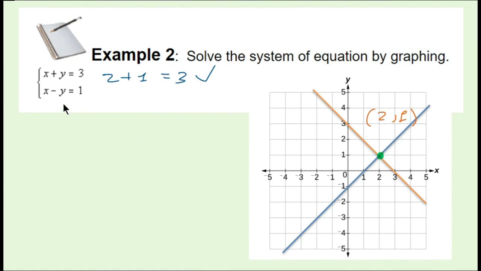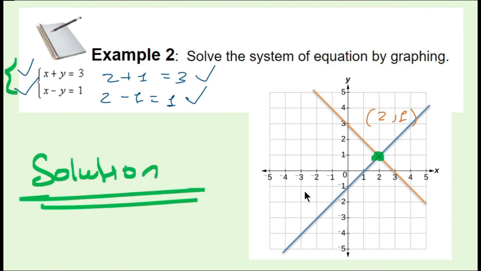That is true. And the other one, x is equal to 2, y is equal to 1. So 2 minus 1 is equal to 1. Well, both equations are satisfied. Both linear equations are satisfied. That means the system is satisfied. That means this is a point of intersection, and therefore it's a solution to this system.